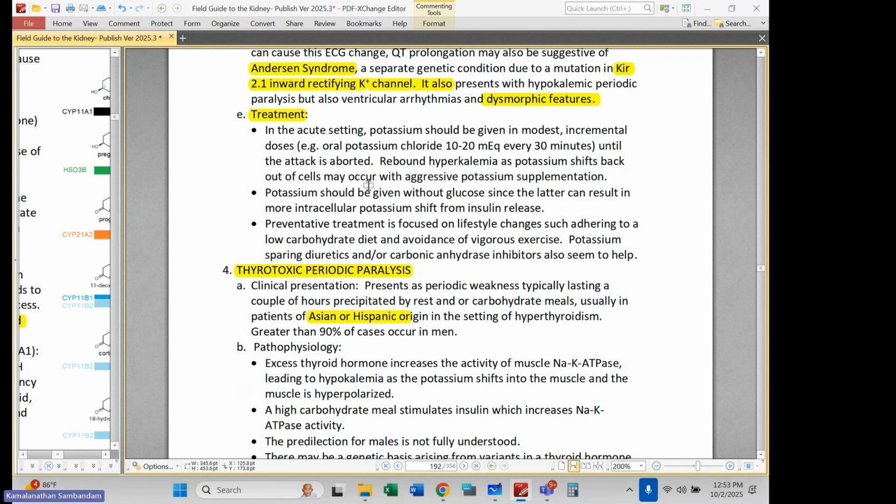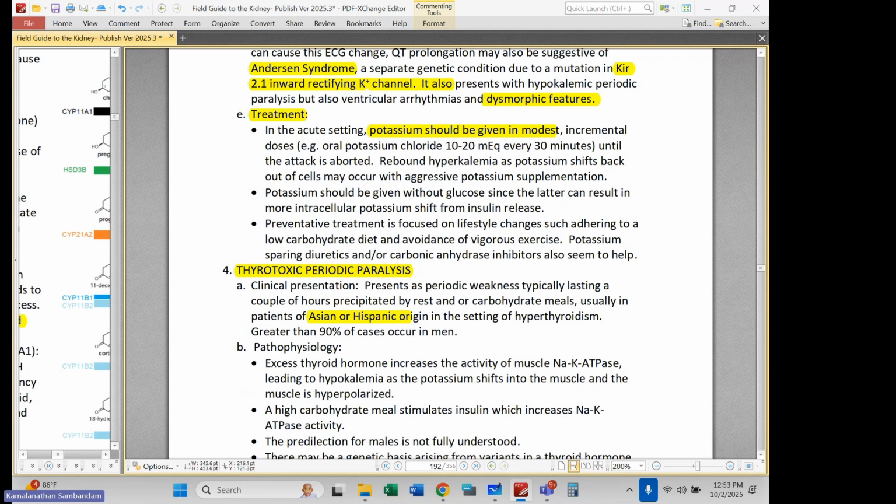Some also espouse giving a bit of potassium chronically, trying to essentially prevent a hypokalemia where the snowball starts. But of course, in the acute setting and in a patient who has hypokalemia, you're going to want to react with potassium supplementation.